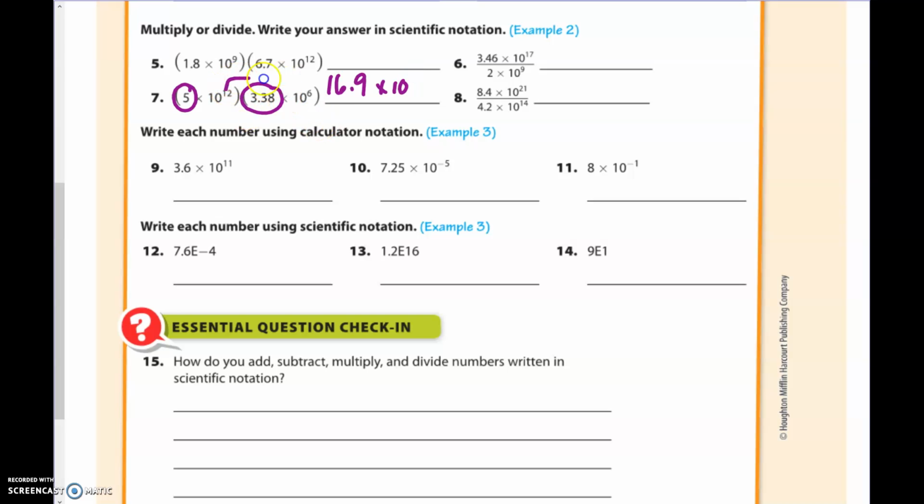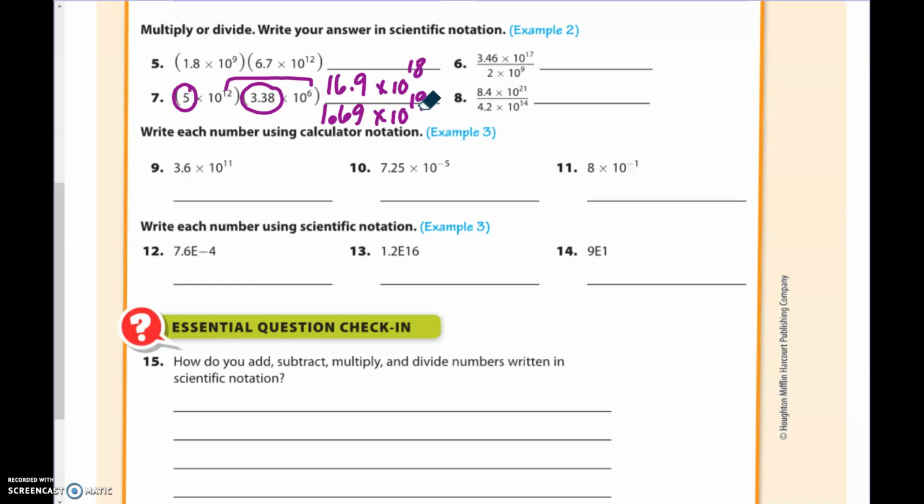So 12 plus 6 is 18. Now, this is not scientific notation because that number 16.9 is not between 1 and 10. So I have to make it smaller, so 1.69. If I make that smaller, then I have to make this exponent right here bigger, so it's going to go up to 19.